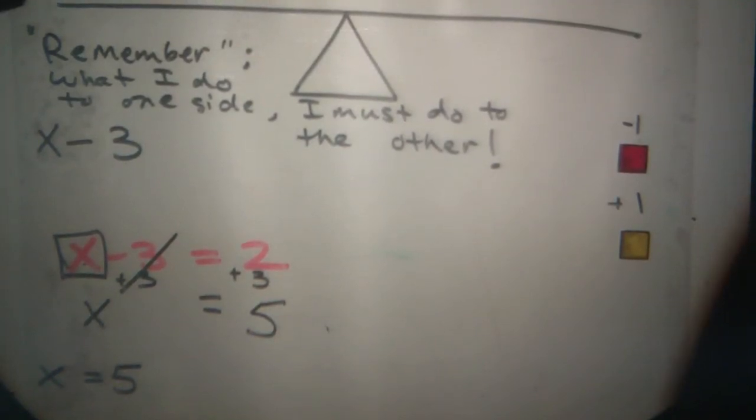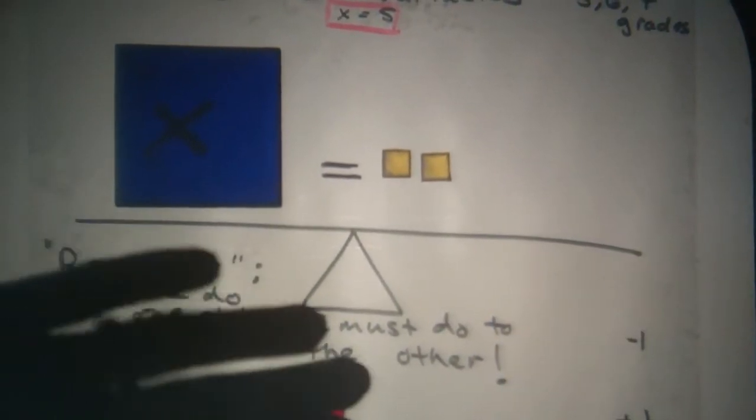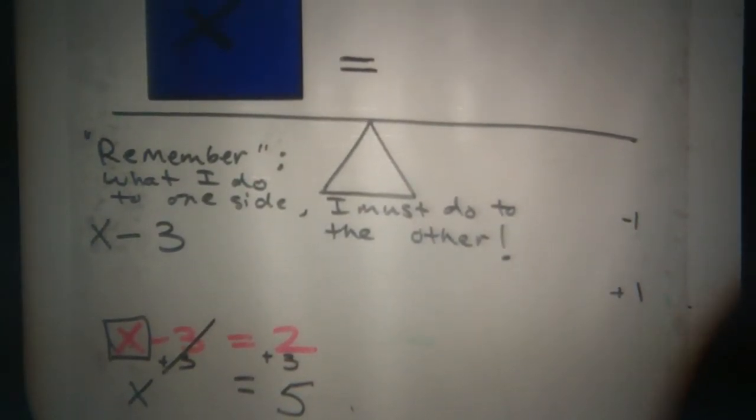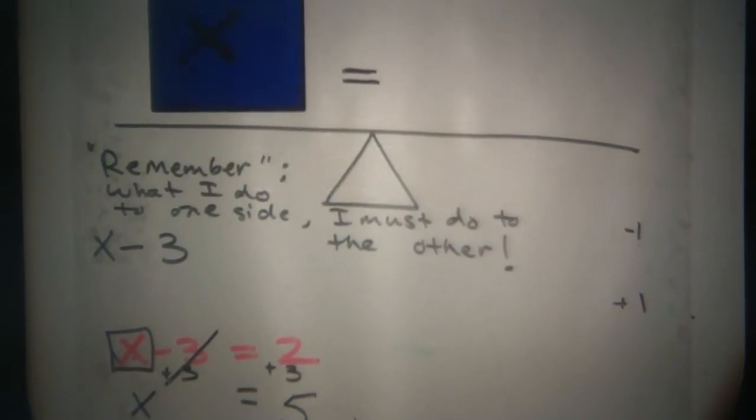Alright? Now these little tiles here are just sometimes just for you to move your x's and your numbers around to see if they help you. Let's do something else.